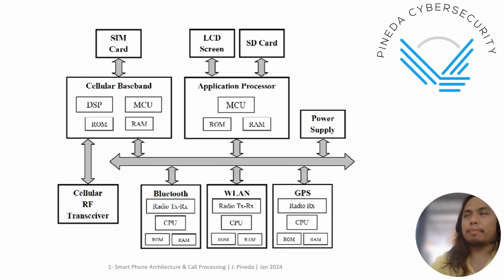This is a very standard setup. So you need to have your Bluetooth, wireless LAN, and your GPS, to facilitate transmission of data, connectivity to the internet, and identifying your location.